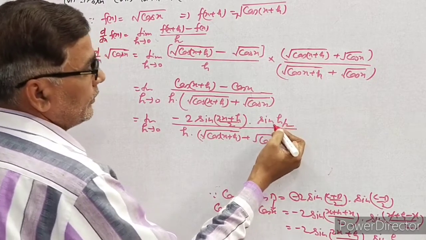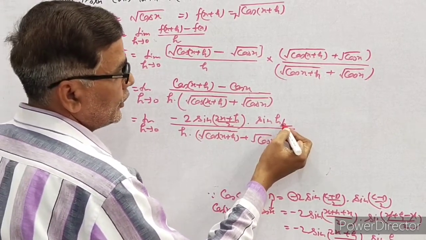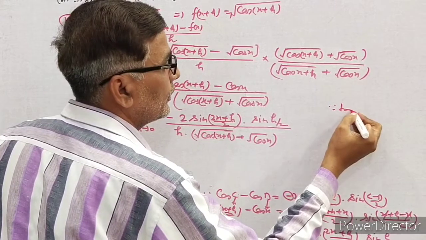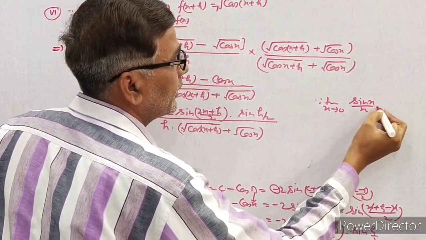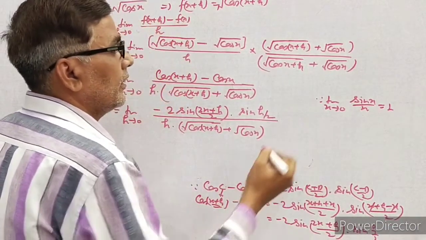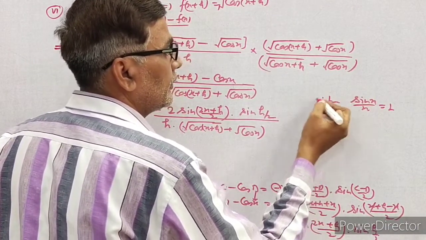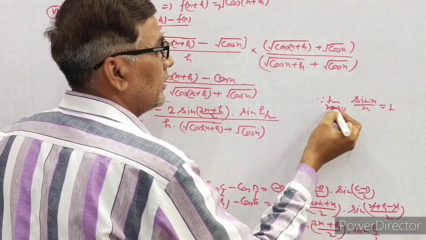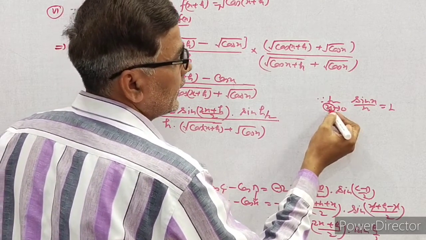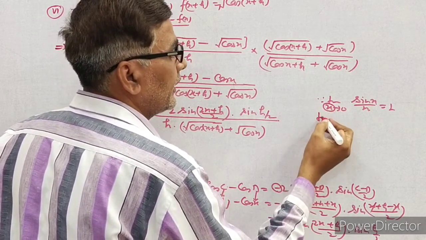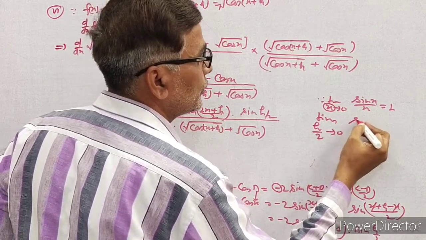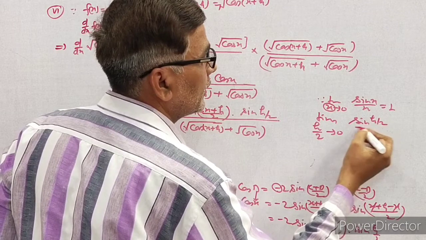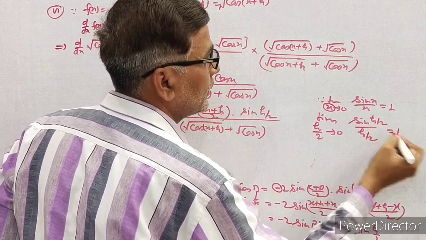Here we are having sine (h upon 2), as we know that the limit x approaches to 0 of sine x over x is equal to 1. If we replace x by h by 2 in this relation, then we have, as h by 2 approaches to 0, sine (h upon 2) upon (h upon 2) is equal to 1.